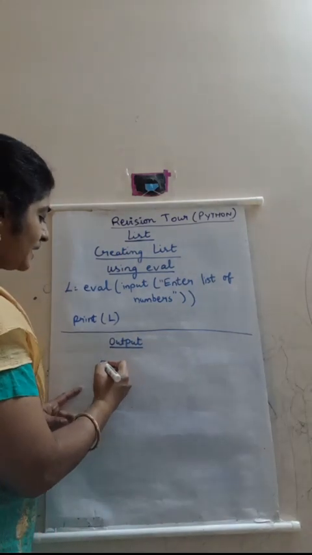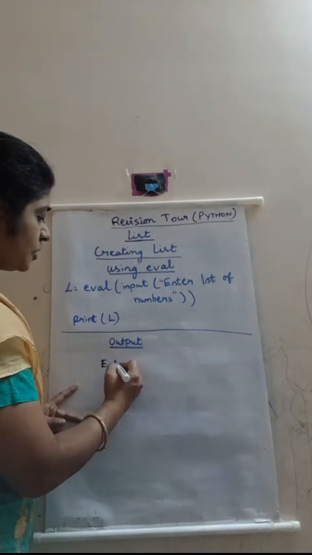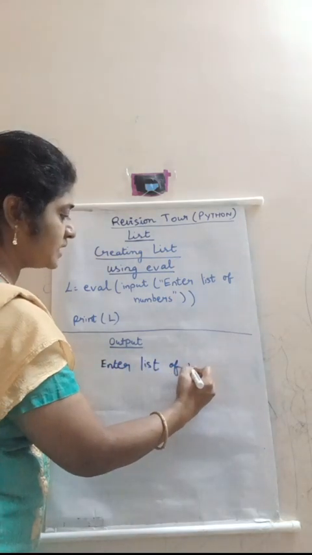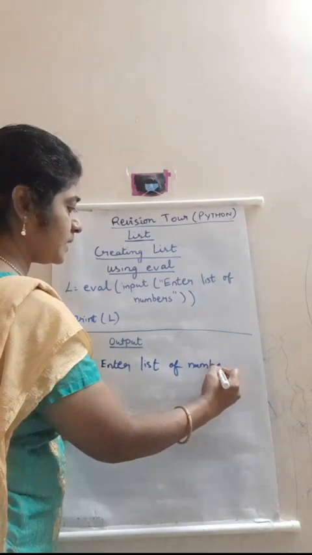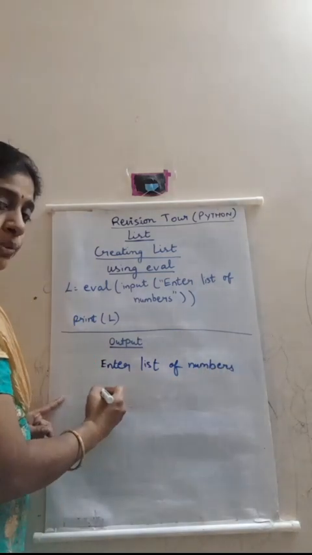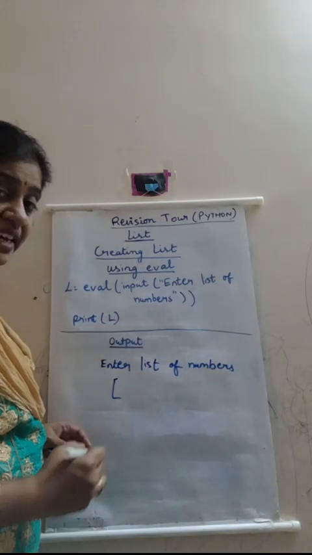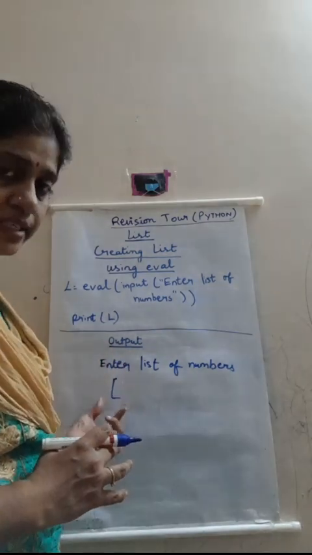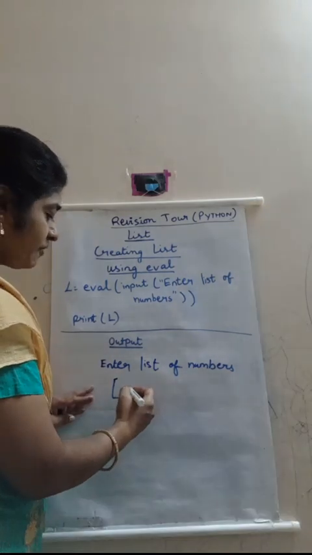Now you will get the message "enter list of numbers". Suppose you enter the input in the form of a list. One of the benefits is you can directly enter it in the form of a list.